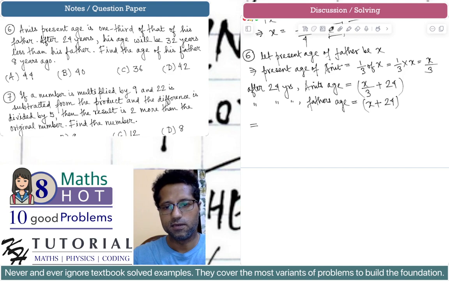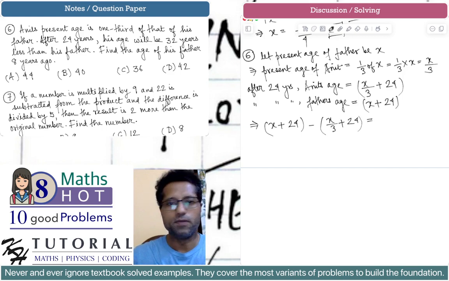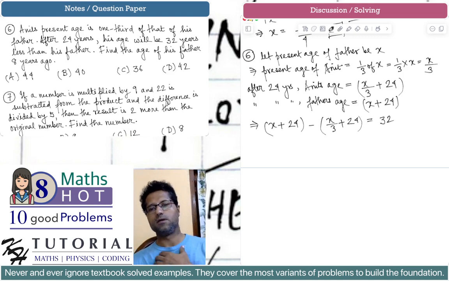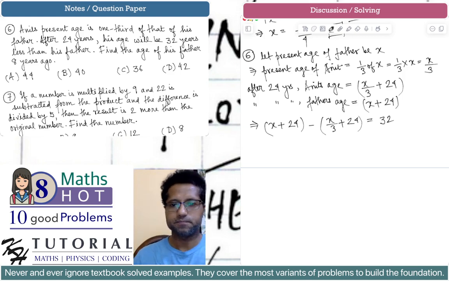So we can say that father's age minus the Anith's age, that is after 24 years, this difference has to be equal to 32. So we have formed the linear equation in x, and from here we have to solve x.